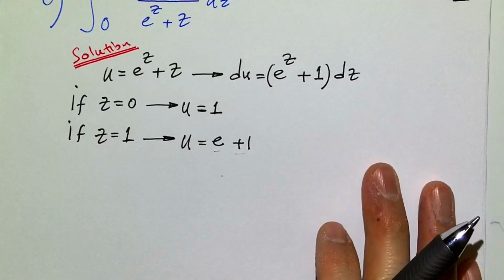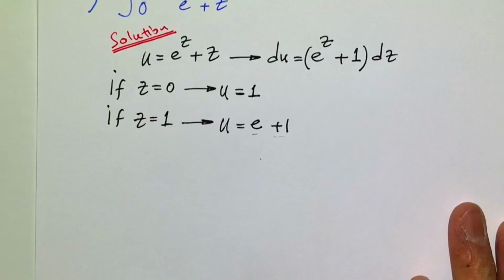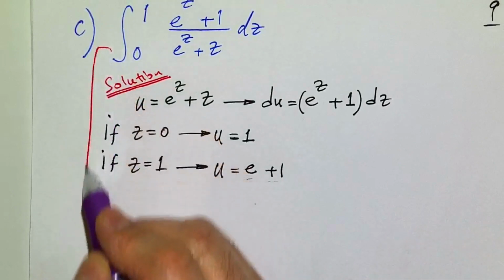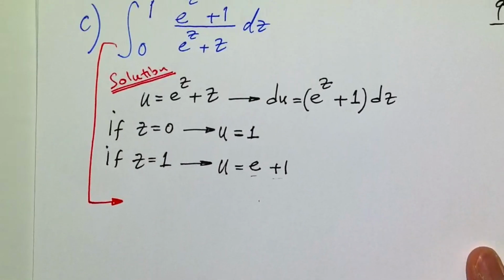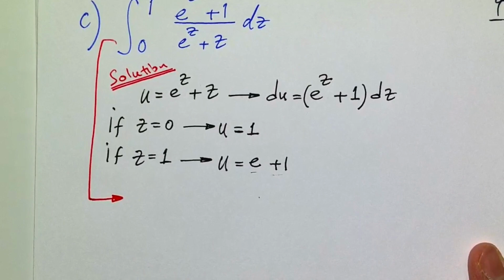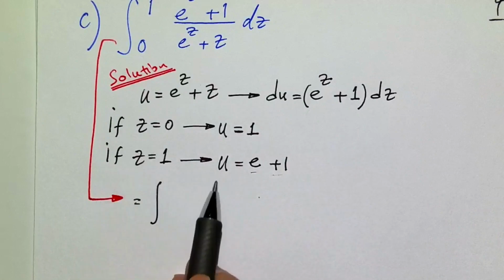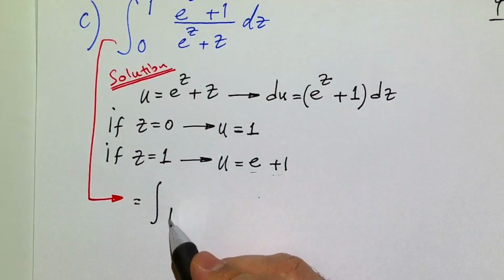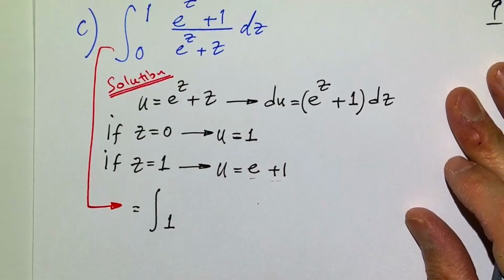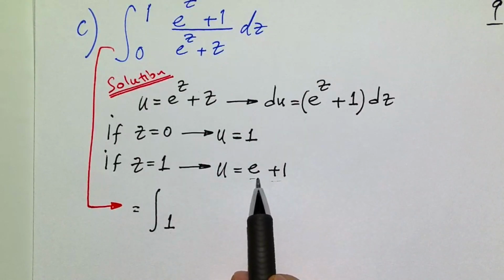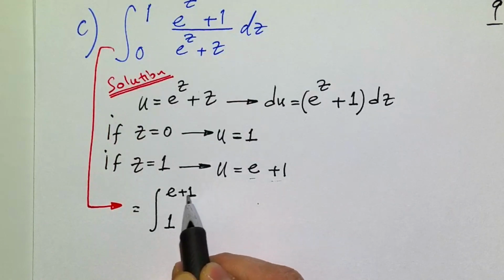Okay? So now we can easily go ahead and switch over from z to u. We're switching to u, so the lower limit is 1, not 0 anymore. And then the upper limit is e plus 1, not 1 anymore.